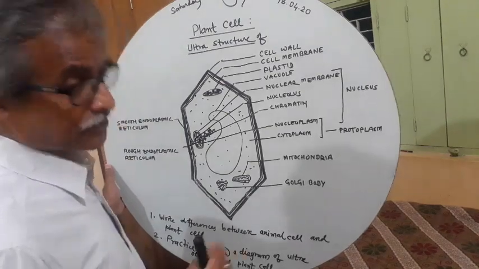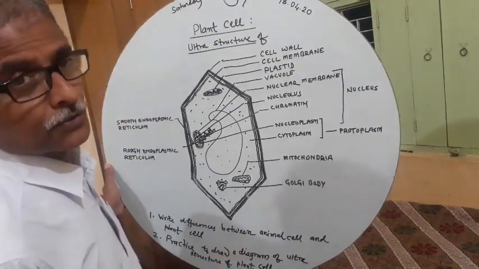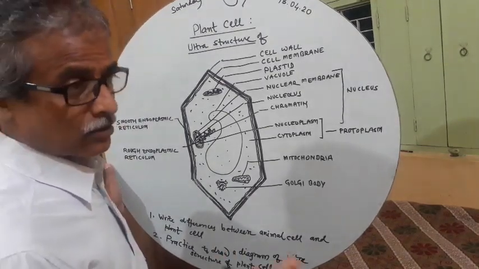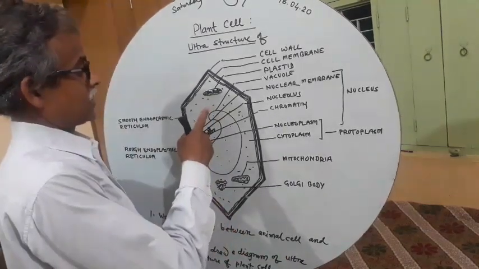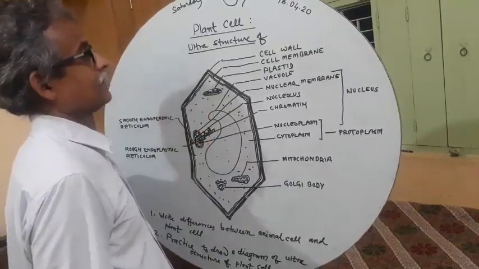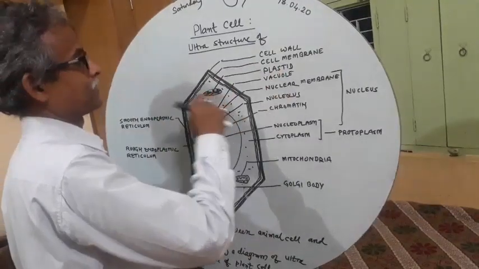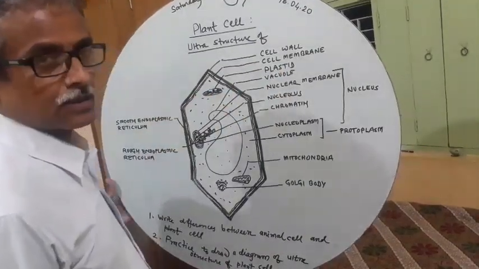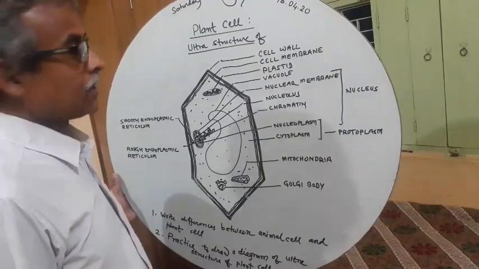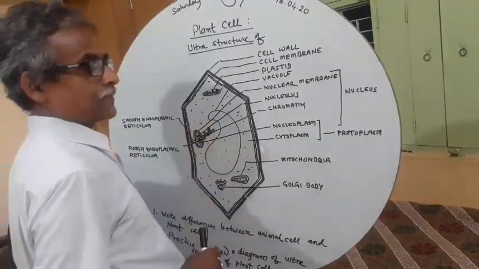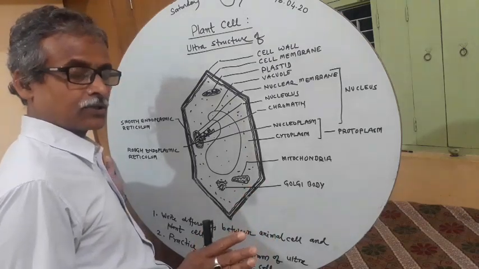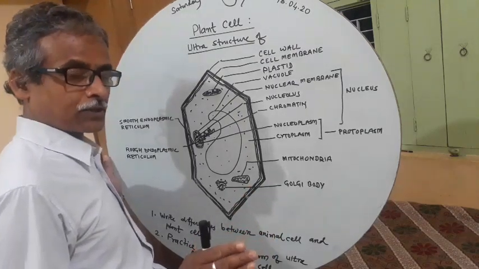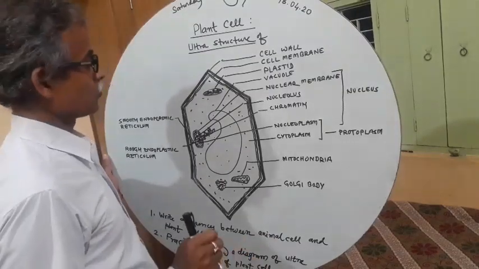But the unique cell organelle which is found in a plant cell is plastid. There are three types of plastids: chloroplast, chromoplast, and leucoplast.